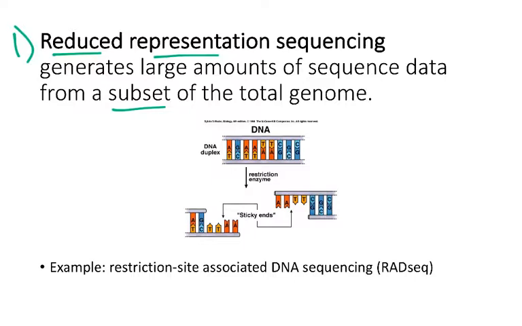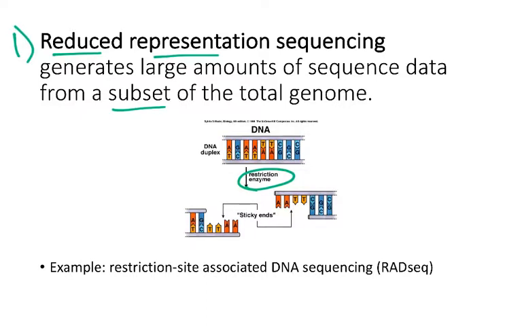Oftentimes that means that you're breaking up that genome into smaller fragments and then only sequencing some portion of those fragments. One of the ways that you can break up that genome is using restriction enzymes, which you may have used in some of your lab classes in the past. So what you can do is break up the whole genome using these restriction enzymes and then only sequence some of that with the high-throughput sequencing.